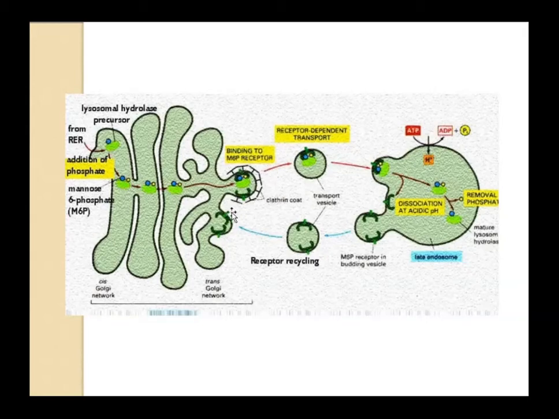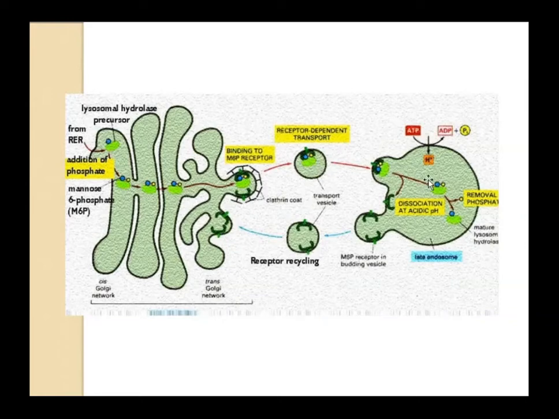This clathrin coat will draw out the vesicle from here. That will be our transport vesicle, which contains lysosomal enzyme, or as I told you previously, we can call it the primary lysosome, because it contains the non-active enzymes.